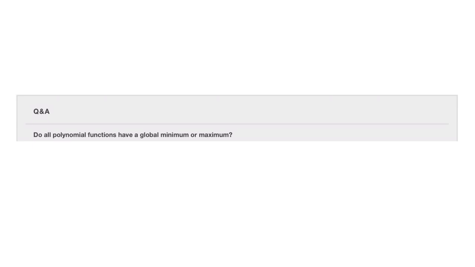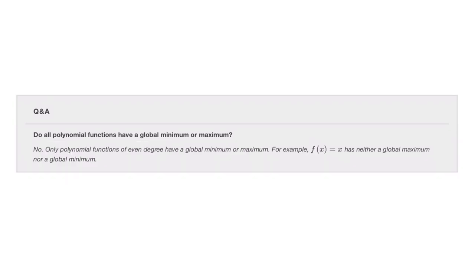Those are going to only occur when you're working with an even degree polynomial, right? Something like x squared, you're going to have a global minimum, or max depending on your leading coefficient. No, only polynomial functions of even degree have a global min or a global max. For instance, f of x equals x has neither a global max nor a global min.